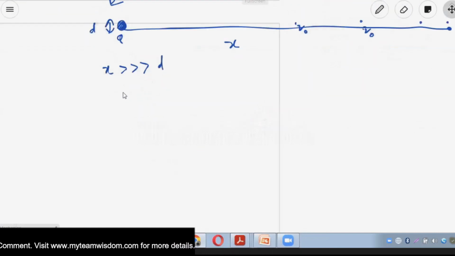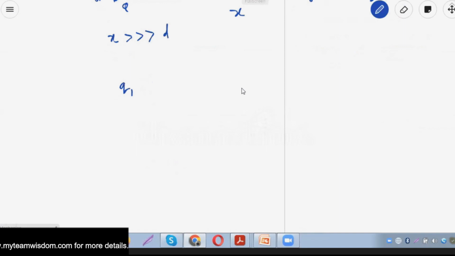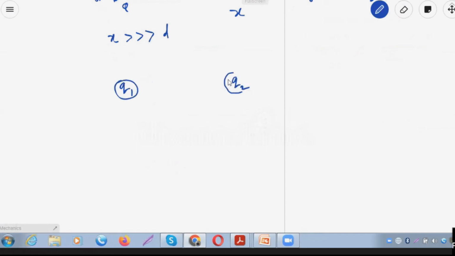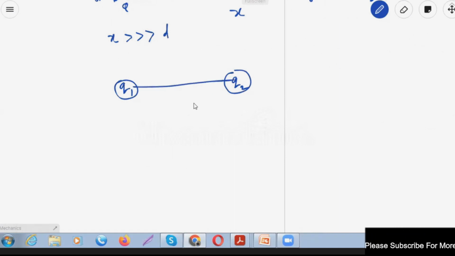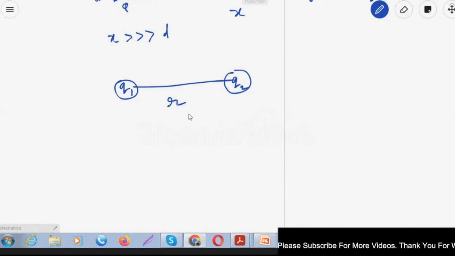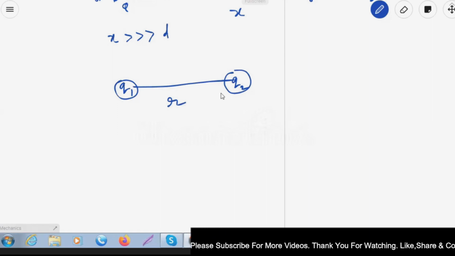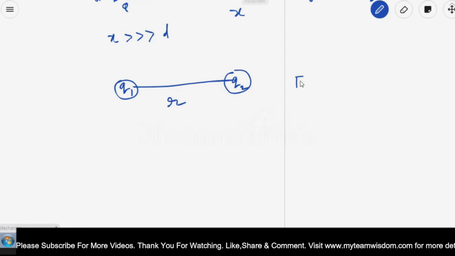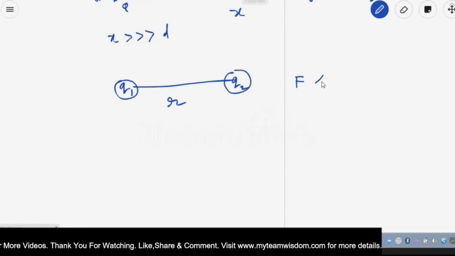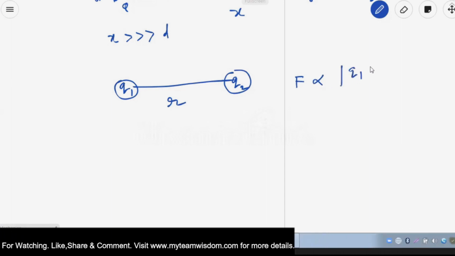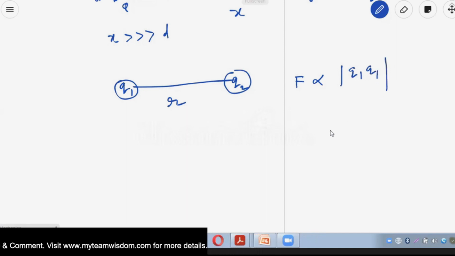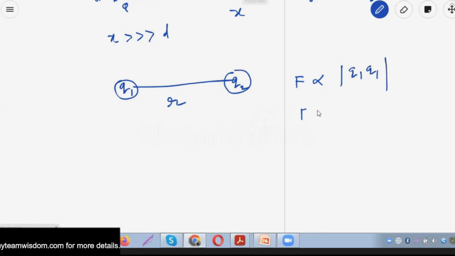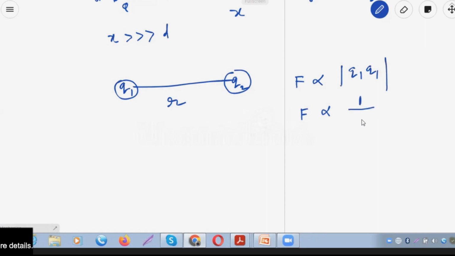Suppose I have two point charges, Q1 and Q2, separated by a center to center distance, let us say r. Then the magnitude of the force of interaction between them, F, is proportional to the product of their charges, and inversely proportional to the square of the distance between them.